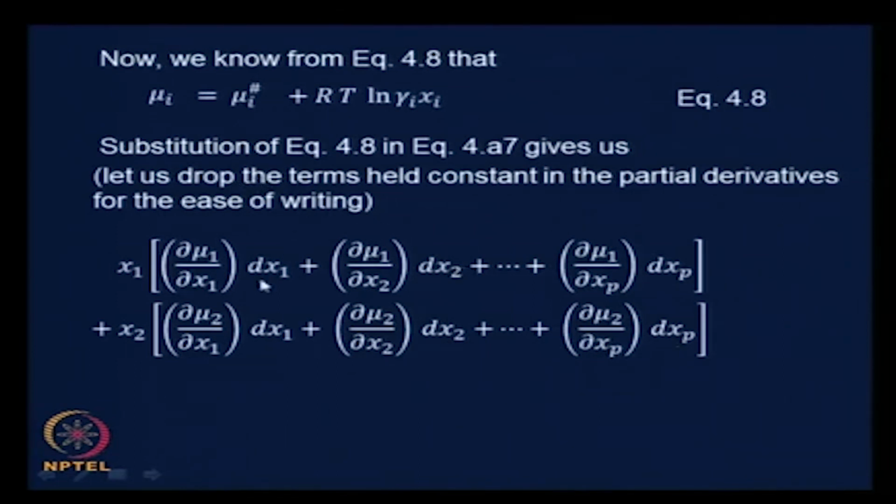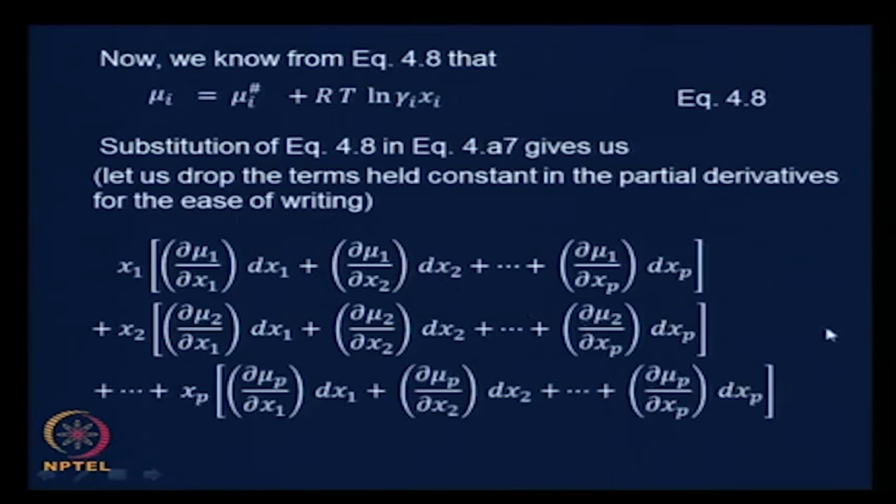What I meant by dropping the terms is we need to write here constant T, p, xj and so on. That is what I am not going to do here, just for ease of writing, but it is well understood here. So, there is no difficulty. You go on by changing the i term to cover all i's and so on till xp dou mu p dou x1 dx1, dou mu p dou x2 dx2 and so on until dou mu p dou xp dxp.